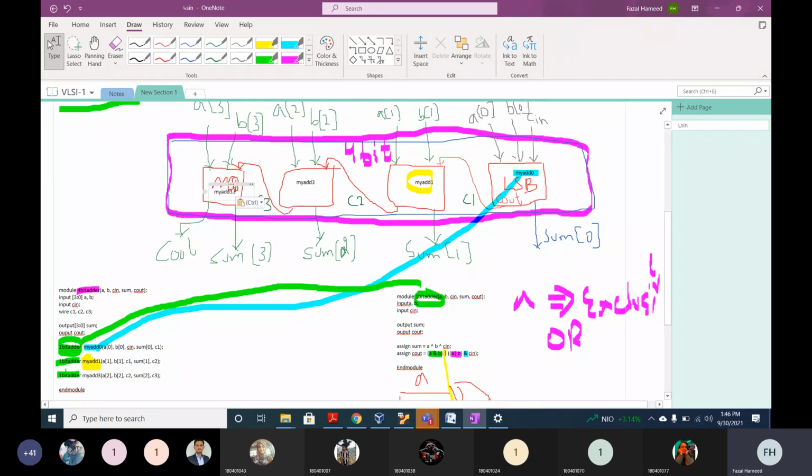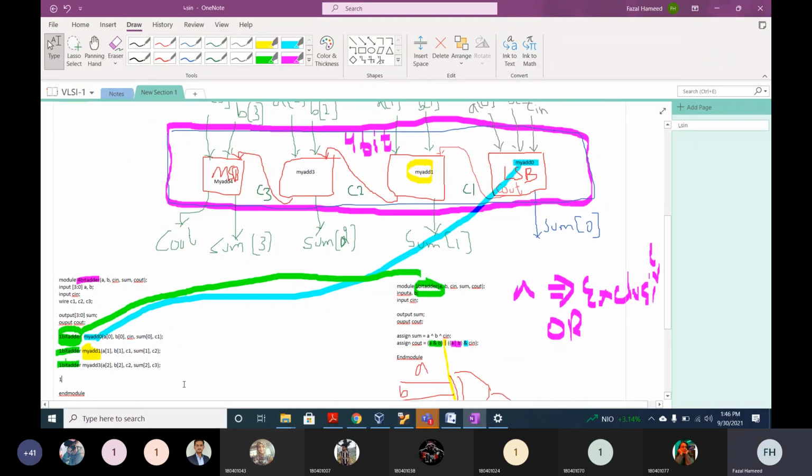My add 4. So 1-bit adder. My add 4. A3, comma B3.